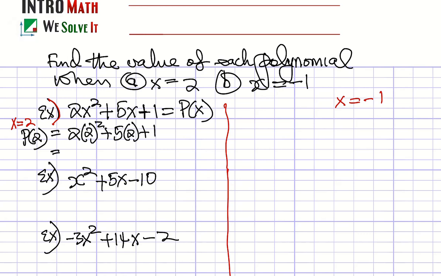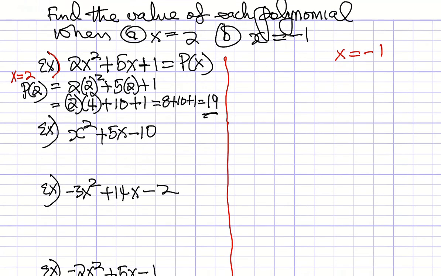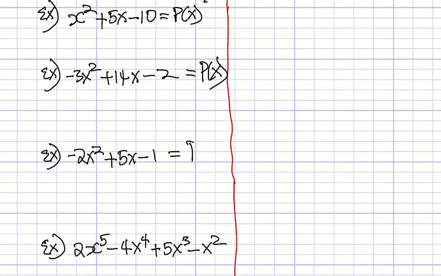You get 2 times 4 plus 10 plus 1, so 8 plus 10 plus 1, which would be 19. That's what we got there. So we keep going. Again, you equate this to P(x), polynomial x. Let's do all of them like that. That was easier for us to know what we're doing.